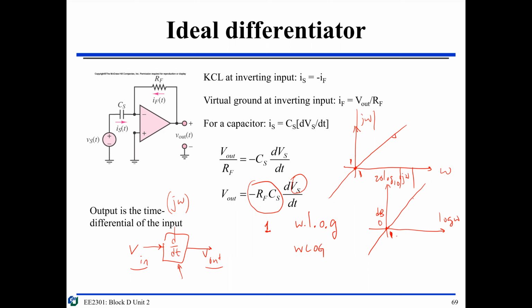Then I'm curious, what is this slope? This is plus 20 dB per decade, amplification. So if your frequency is very, very high, then your amplification magnitude is also very high.